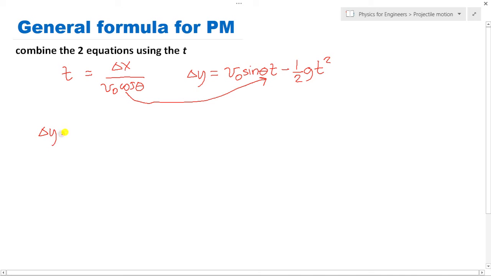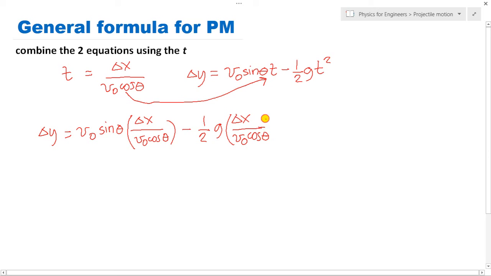So we have delta y is equal to Vo sine theta multiplied by delta x all over Vo cosine of theta, then minus 1/2 g, then delta x all over Vo cosine of theta, then squared natin. So as you can see, sa Vo natin, maka-cancel out yung Vo dito.